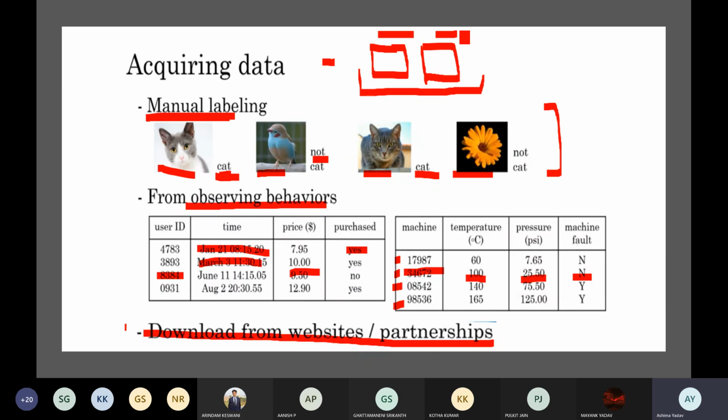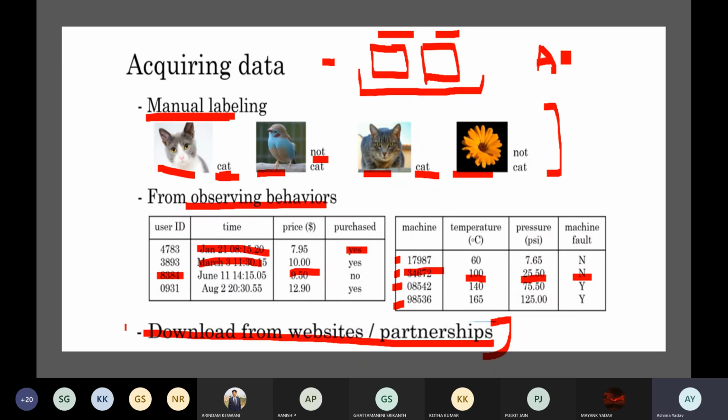Yes, these were the strong sentiments. Next is partnership. So we also go for partnership, and here the term crowdsourcing comes up. There is a very famous company, Amazon Mechanical Turk, AMT.